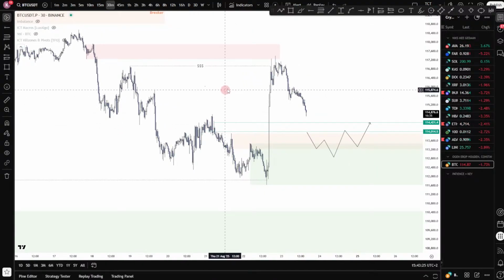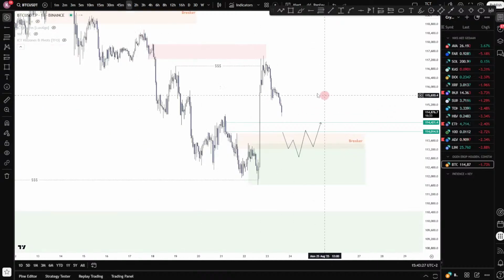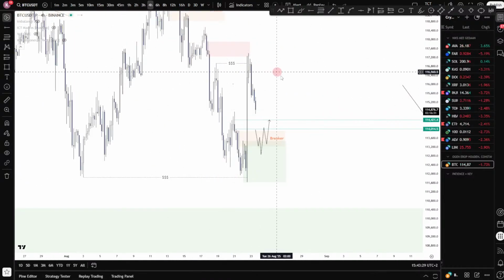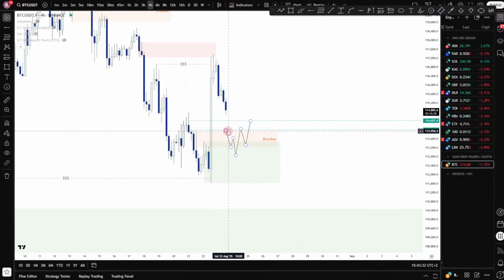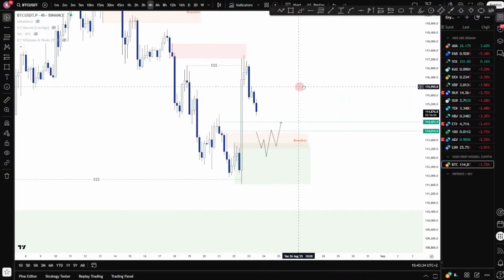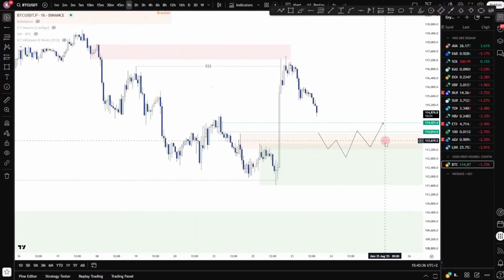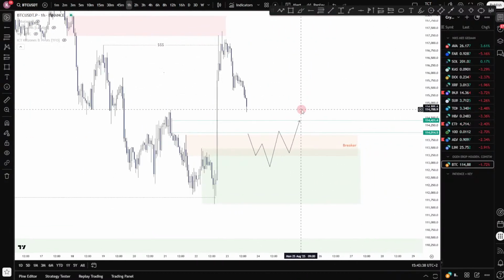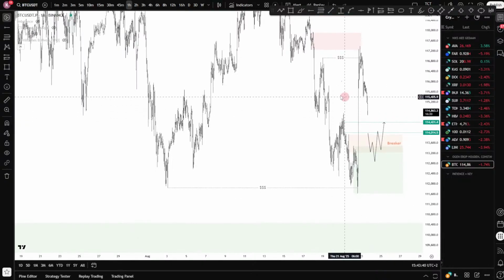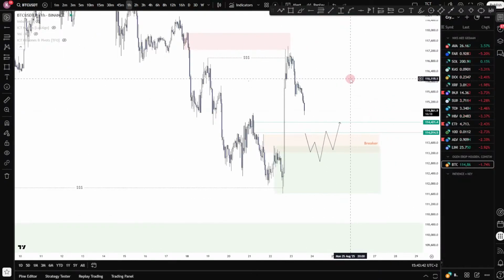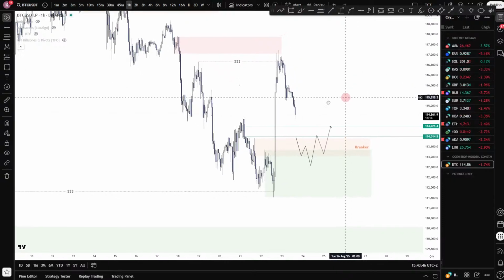That's pretty much your breaker block. I think this comes from a candle construction, maybe this 4-hour candle construction. I personally would not draw it as my breaker, and I'll explain why.